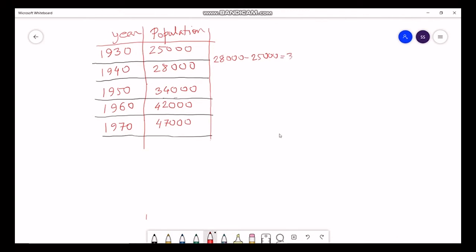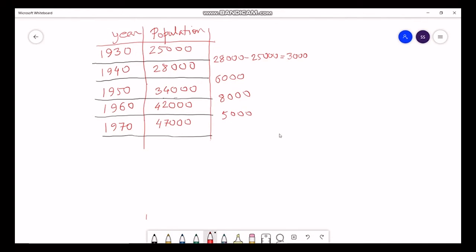So it is 3,000. By applying the same method, we can calculate the increase in population from 1940 to 1950. So the increase in population is 6,000, 34,000 minus 28,000. From 1950 to 1960, the increase in population was 8,000. And from 1960 to 1970, the increase in population was 5,000.